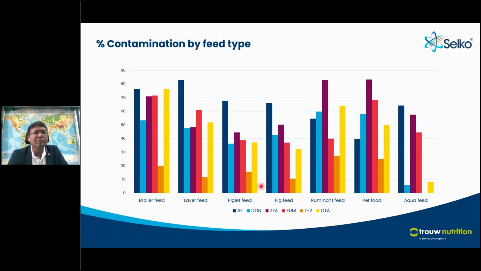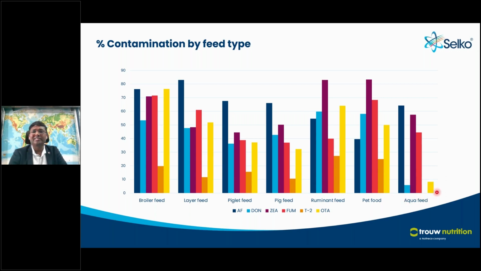So look at the feeds, broiler feed. Again, except for T2, pretty much you see a high level of contamination percentage. Same thing for layer feed, piglet feed, and pig feed, all behave pretty much in the same way. The ruminant feed also has a relatively higher OTA, and pet food, again, aqua feed also.